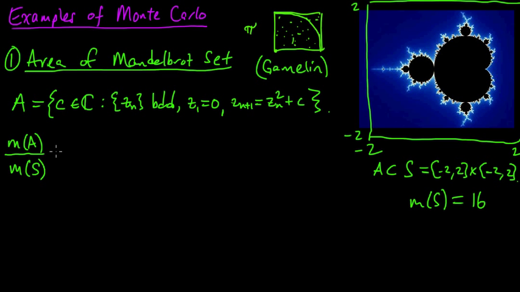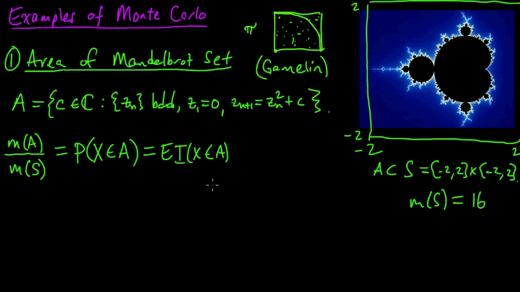So this equals that probability. This equals the probability that a random variable x uniformly distributed over the square lands in the set A. And this, of course, is the expected value of the indicator that x is in A.